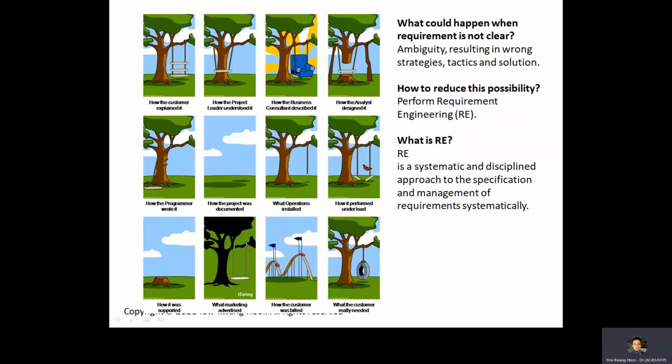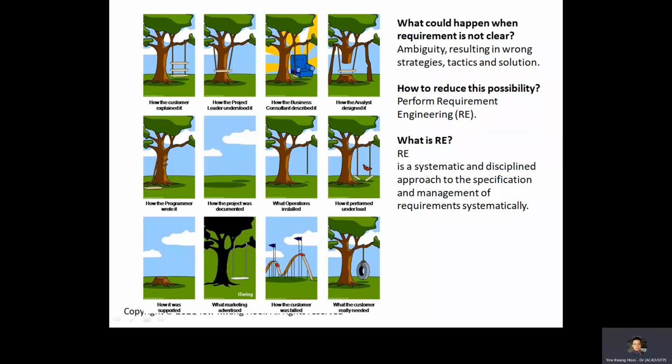Usually it's not like that because if you have heard of the Chinese whisper, it's like a game whereby somebody passes a message from one end to another by whispering, and you ask the last person to say out what the first person could have said, and you notice that usually it will be different, even the opposite. The same thing could happen in requirement elicitation.